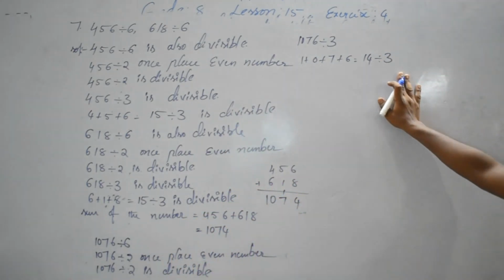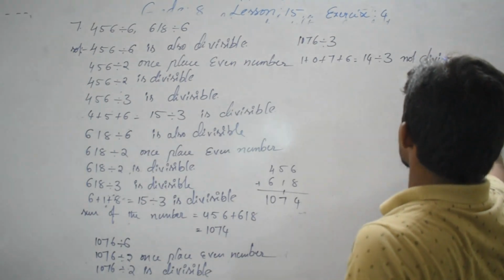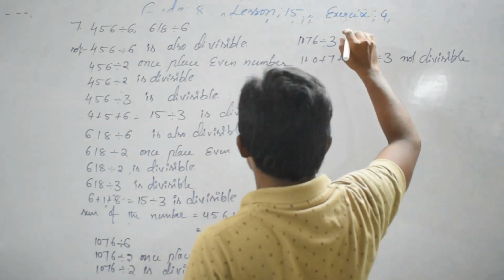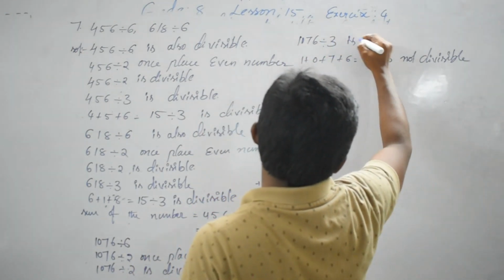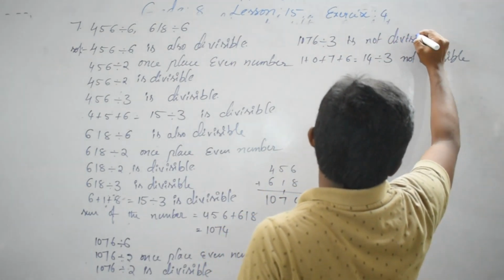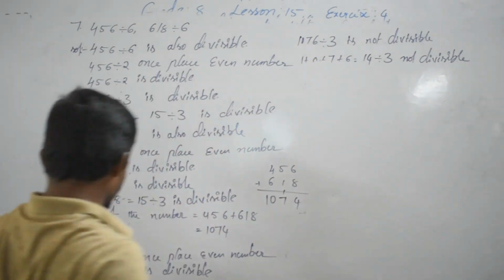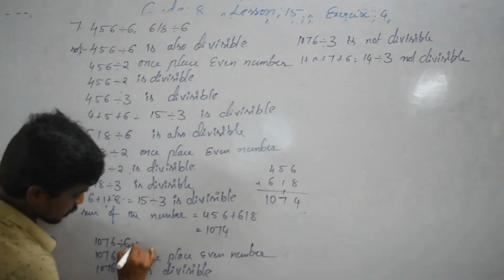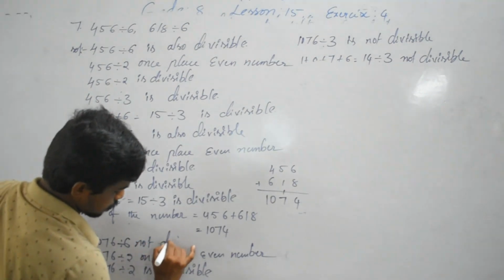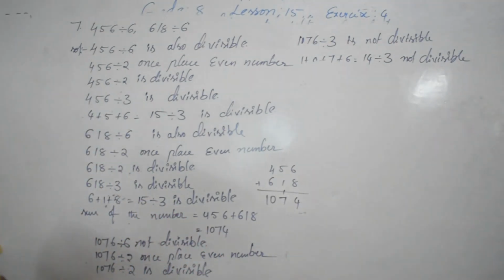Divisible or not divisible? Not divisible. So 1076 divided by 3 is not divisible. So 1076 divided by 6 is also not divisible. Right.